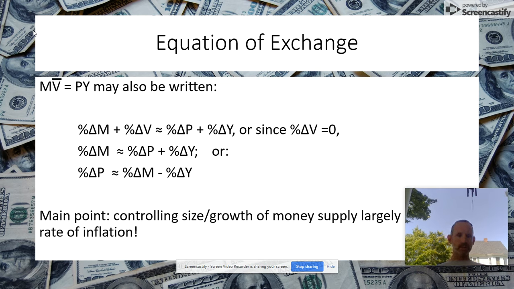So basically, you get the equation at the bottom. Percent change in price level is roughly equal to the difference between the percent change in the money supply and real GDP. So the point, again, is at the bottom. Controlling the size and the growth of the money supply largely helps determine the rate of inflation. So economists have a set of tools, which we'll study in the next couple of chapters, for doing exactly that and controlling that money supply.